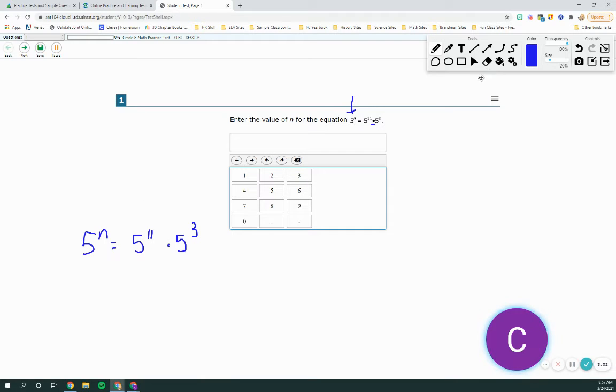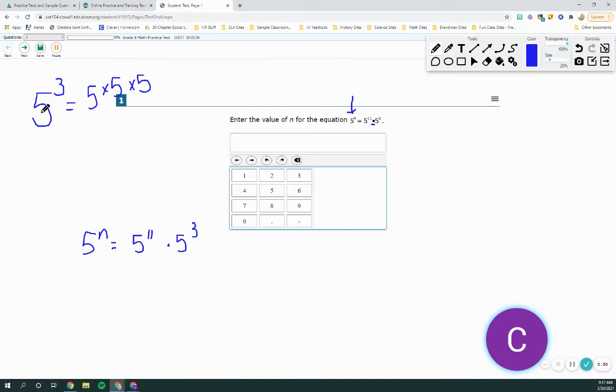Keep in mind when we're talking about exponents, let's look at 5 to the 3rd. We have our big base, which is our big number, and our extra small exponent, which is 3. And 5 to the 3rd power means 5 times 5 times 5.